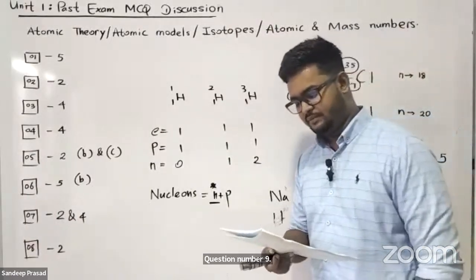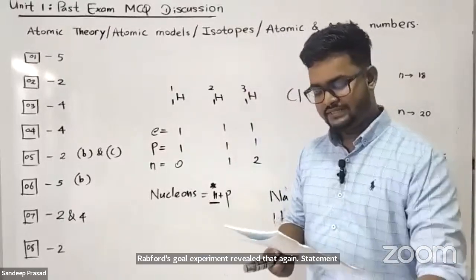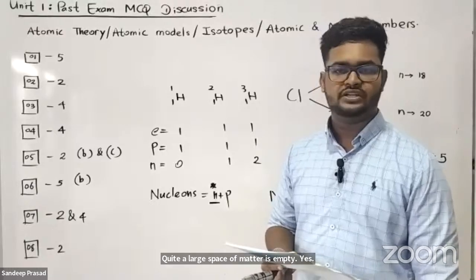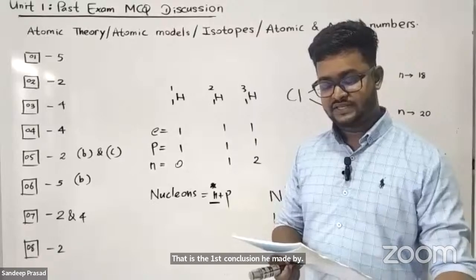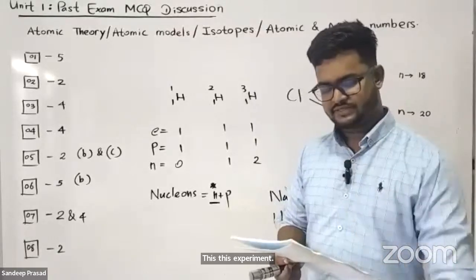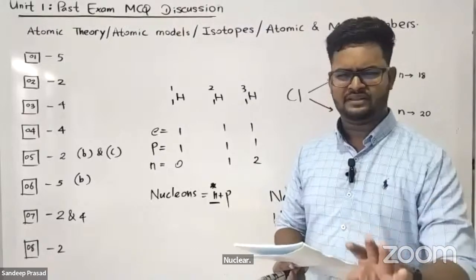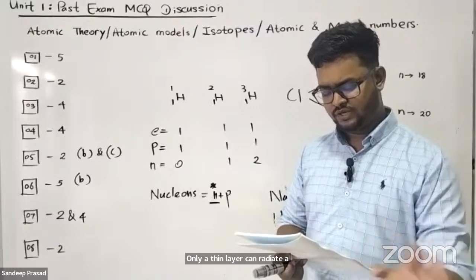Rutherford's gold foil experiment revealed that, again a statement type of question: quite a large space of matter is empty. Yes, that is the first conclusion he made from this experiment. The positive charge is concentrated as a nucleus. Correct, the nuclear concept. Only a thin layer can radiate alpha particles. No, we didn't discuss that. The electrons move in quantized energy levels.